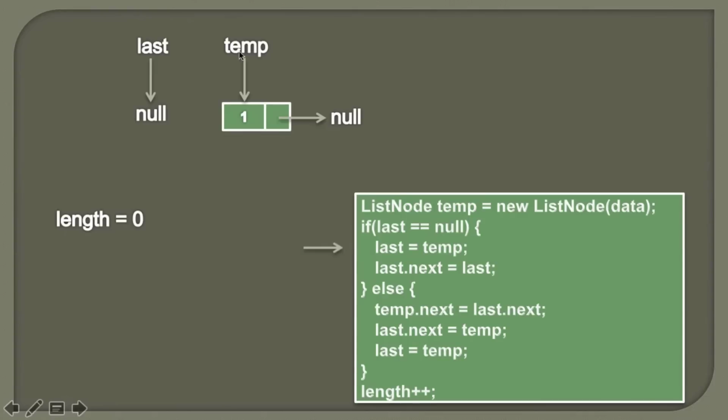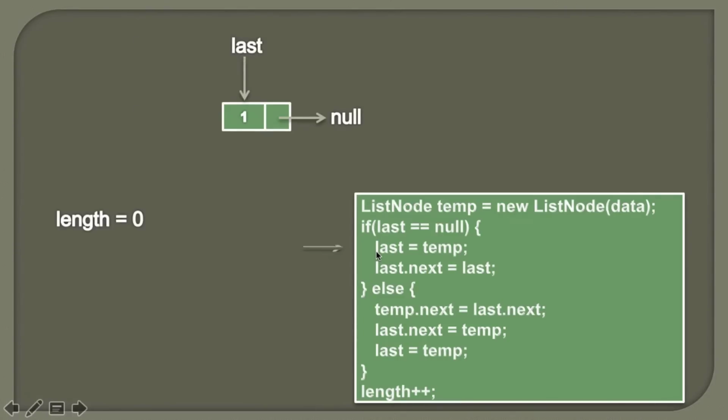When we insert this temporary node into the empty list, we know that after its insertion, this would be the only node in the circular singly linked list. Therefore, last should point to this node. So in the first step, we are simply assigning the value of temp to last. It would look something like this.